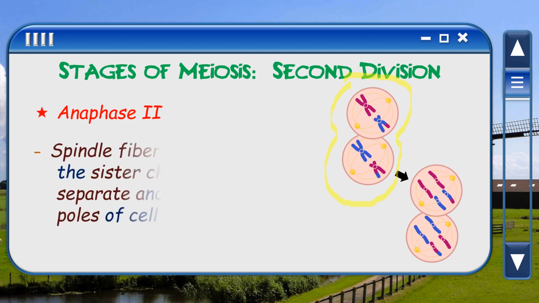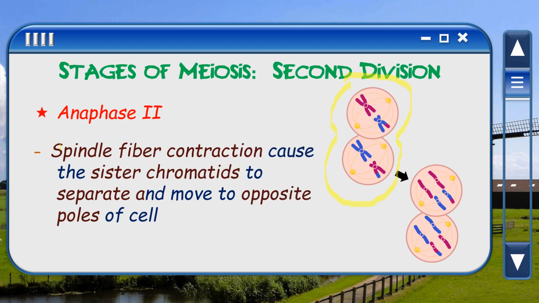Now the spindle fiber contraction is going to cause the sister chromatids to separate, and they will move to opposite poles of the cell. Here we ended in metaphase. Now what is going to happen in anaphase?